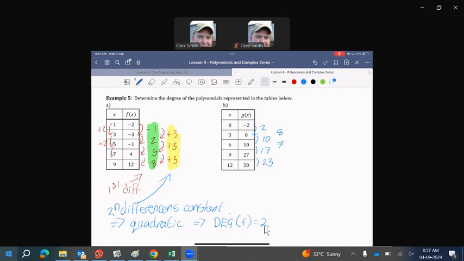This goes down by 1. So, we write the third differences are constant, which implies that the degree of G is equal to 3.